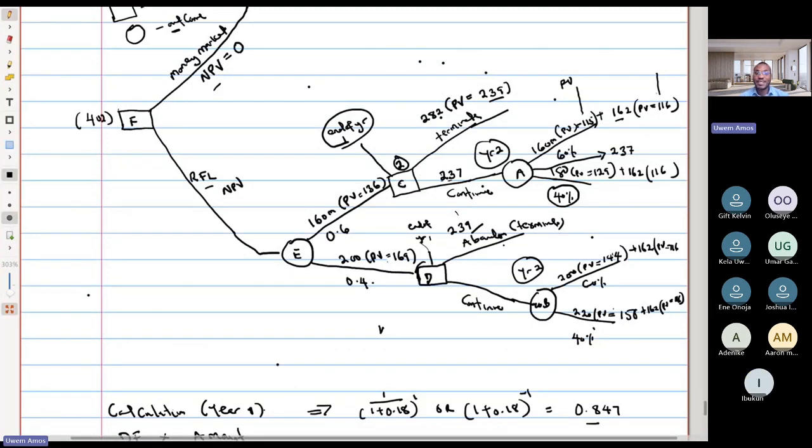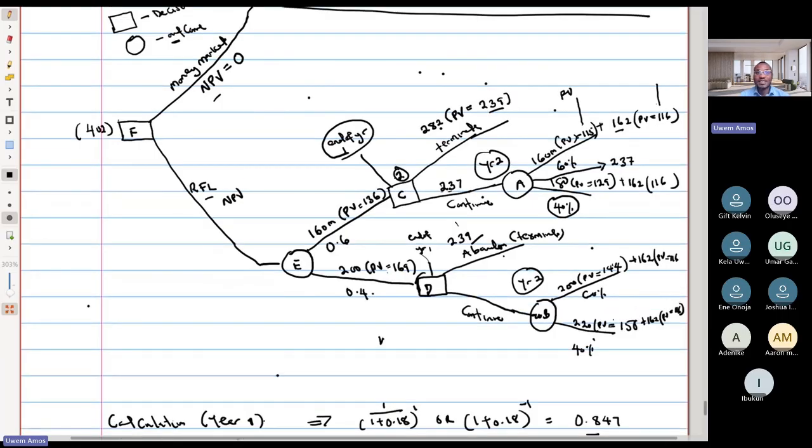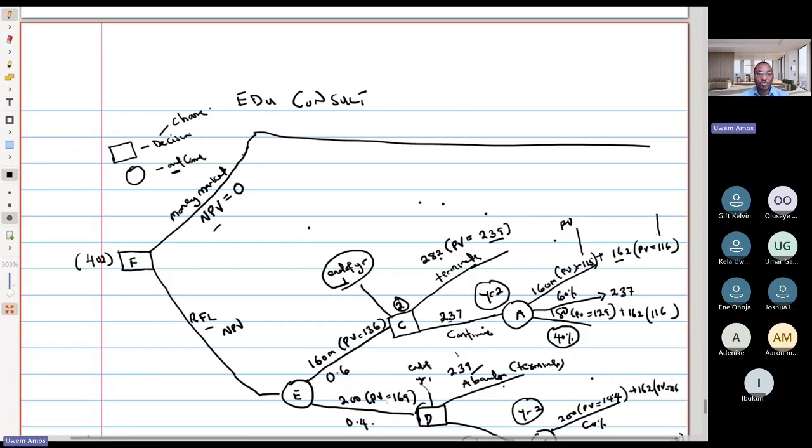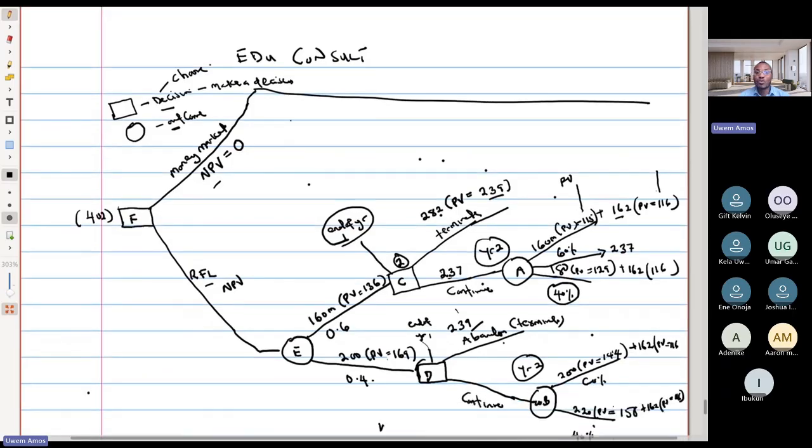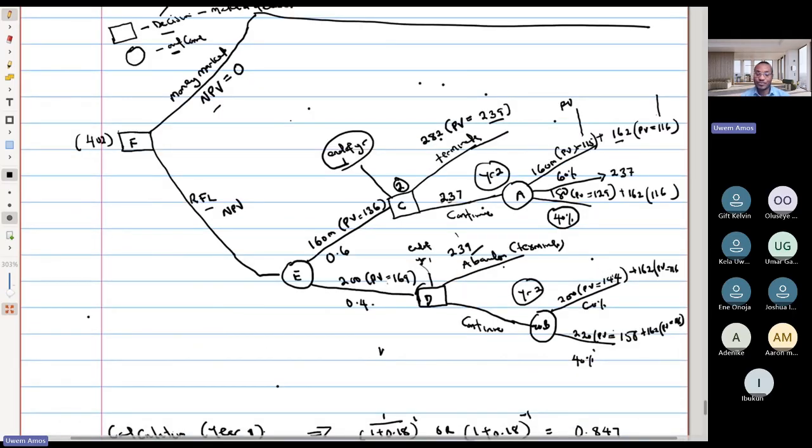What is C? It is a decision point, and that is why it is in a square. It basically means that we need to make a decision. We can decide to terminate the contract, or we can decide to continue.